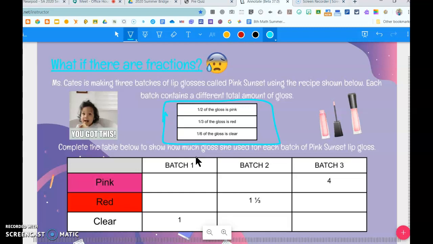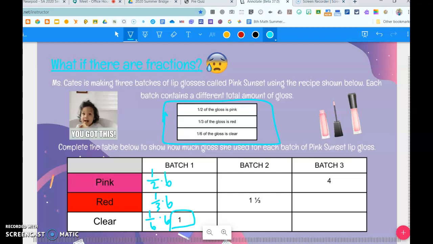So we're going to figure out how much of each color she needs for the batch. So if she went to clear being 1 whole, see how it says 1/6 is clear? That means she multiplied 1/6 times 6 to get that 1 whole. Therefore, on these other 2, we need to multiply them times the same thing that she multiplied the first one by.